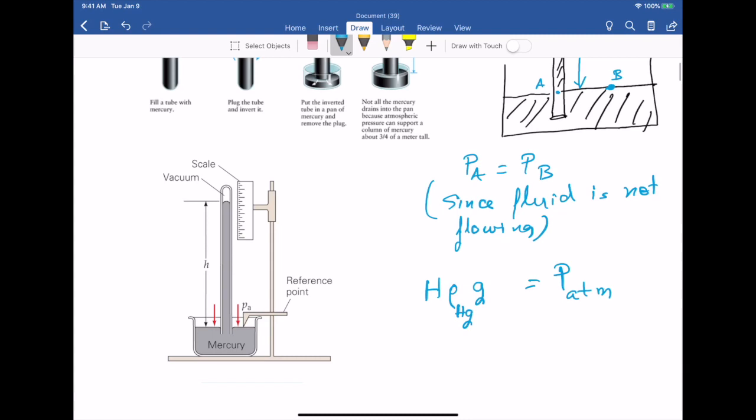So you get this equation for this arrangement, and you can see that the height of the mercury column is a nice proxy for the atmospheric pressure, because rho Hg and g are constants. So if the atmospheric pressure fluctuates, that will be reflected in a change in h.